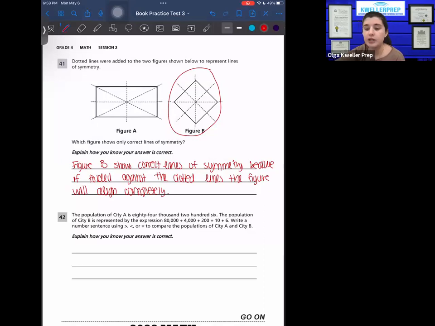Right? So either you can explain why A is not symmetrical or explain why B is symmetrical. But either way, you have to show that you understand what it means to be symmetrical. So some explanation of nothing sticking out when you fold it is necessary, whichever way you phrase that. So in this case, you have to answer the question and show that you understand what symmetry means. That's the goal of getting full points here.